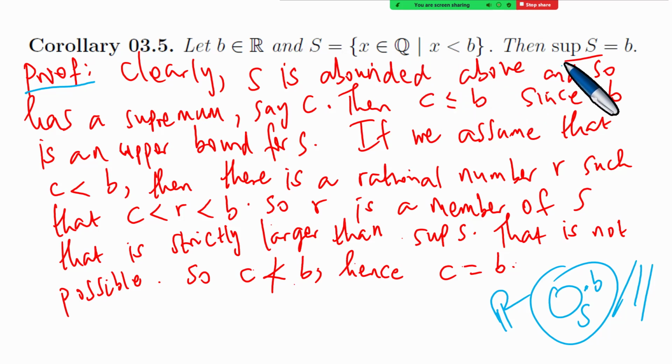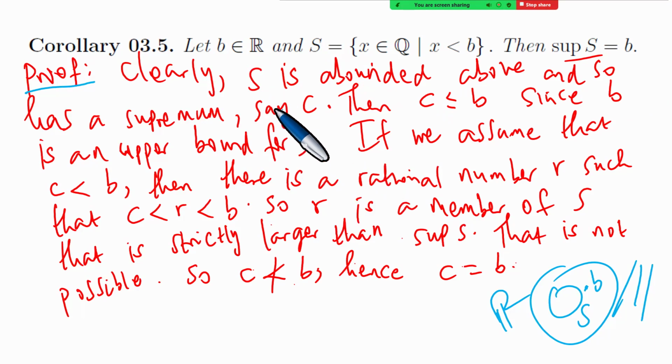The supremum equals B, yet B is a real number, but S contains rational numbers, so the supremum of a set of rational numbers is a real number. And this real number is not even in S, and therefore this corollary confirms that indeed the supremum need not be in the set S. Somebody says we need to find the supremum of S. We don't have to look in S only. We need to look in the bigger set of real numbers to see if we can find the supremum there.